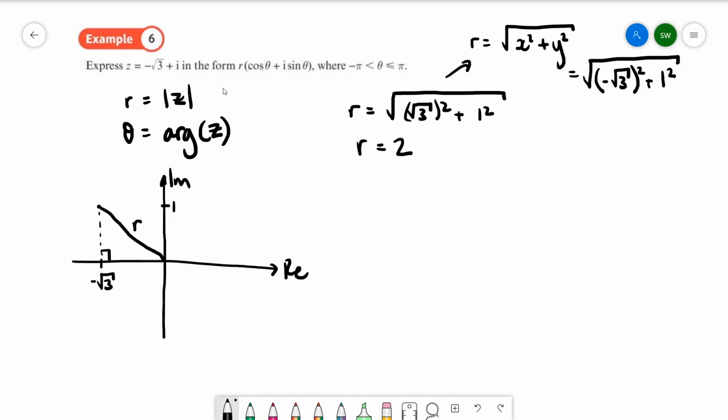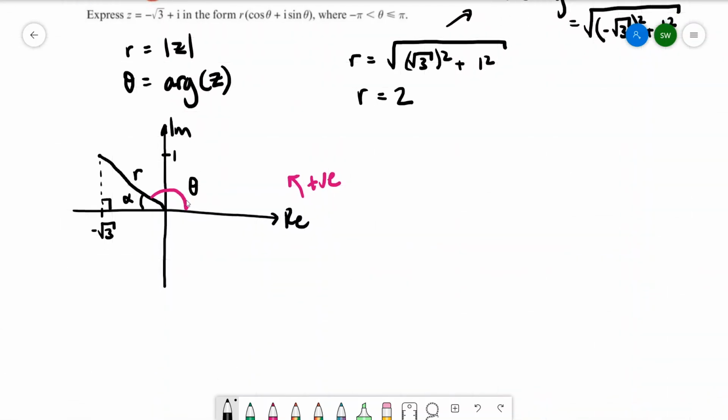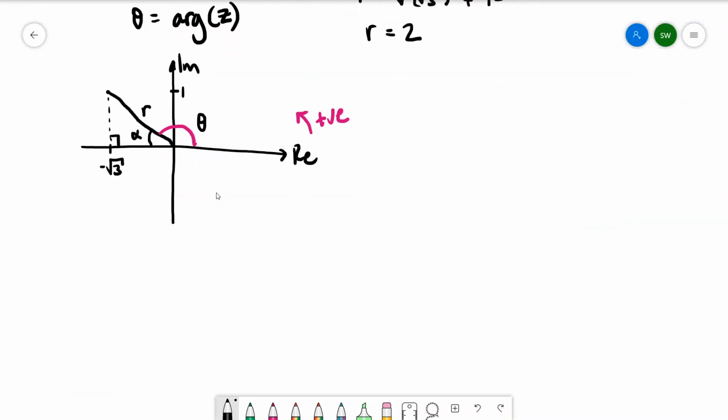So we found our modulus. Next we need to find out the argument. So the argument is going to be this angle here, and it's going to be a positive argument because we're moving in the positive direction. Let's call that angle theta. So let's find what alpha is first using this right angle triangle, and then we can find out theta by doing pi minus alpha.